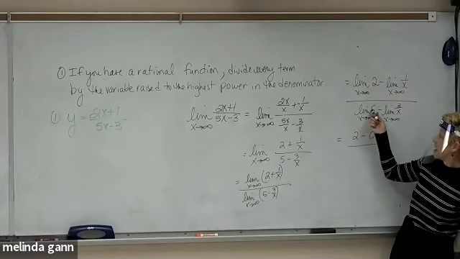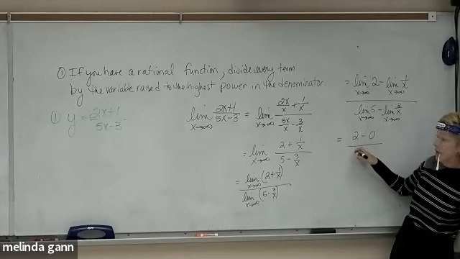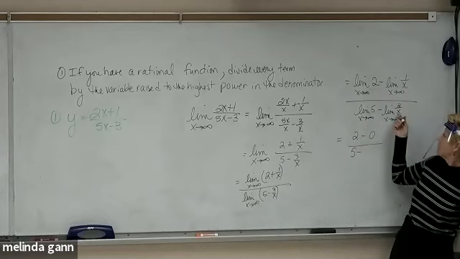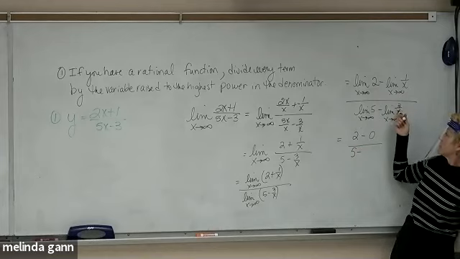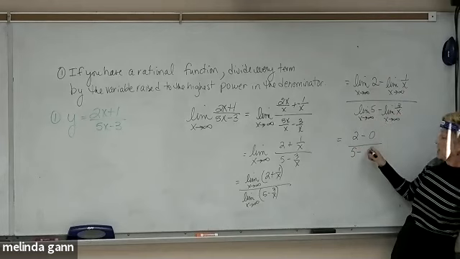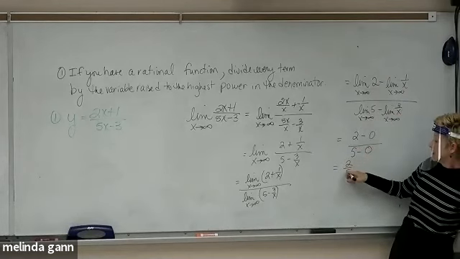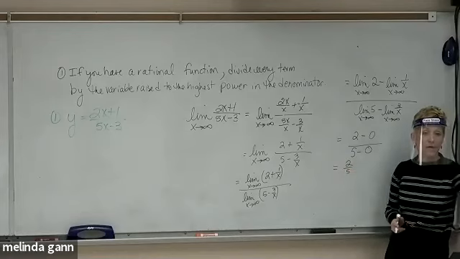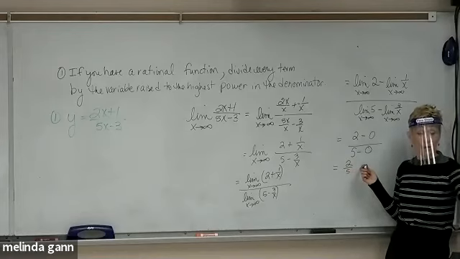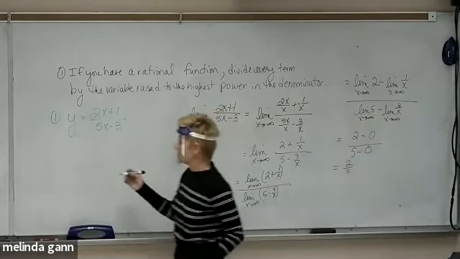Again, what's the limit of 5? No matter what you're approaching, it's just 5. And then the same thing, if that bottom's getting bigger and bigger, 3 over 10, 300, 3,000, 3,000,000, this limit's going to 0. So my answer comes out to be 2 fifths. Isn't that a number? So I have a horizontal asymptote.